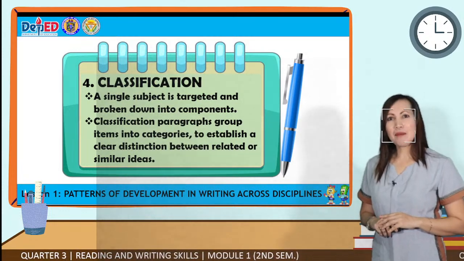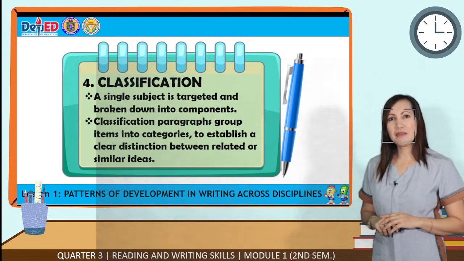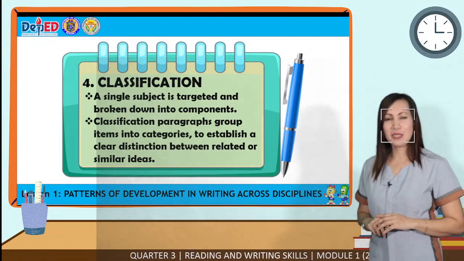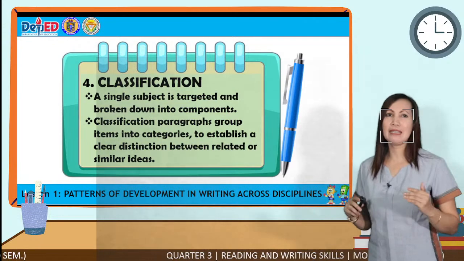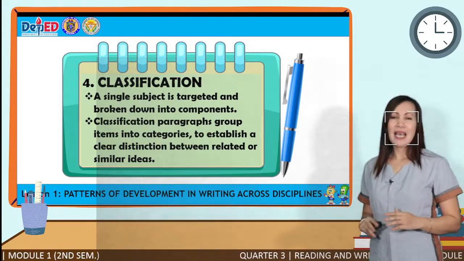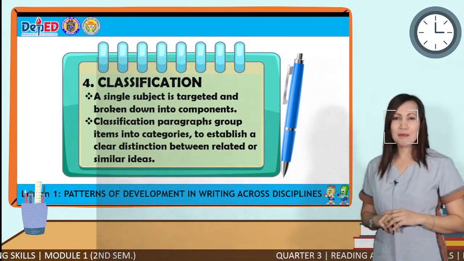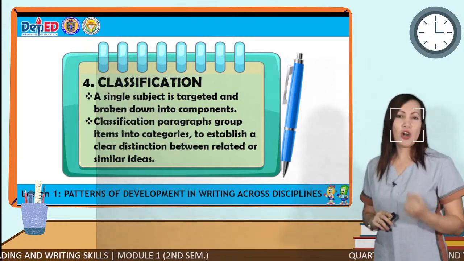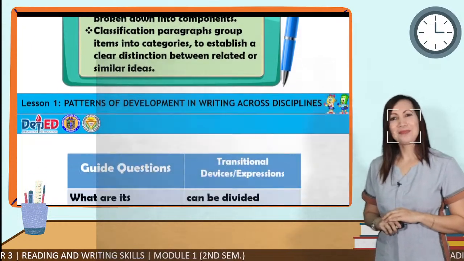A single subject is targeted and broken down into components. Classification paragraphs group items into categories to establish a clear distinction between related or similar ideas. In classifications, items are grouped together based on the common features they share.